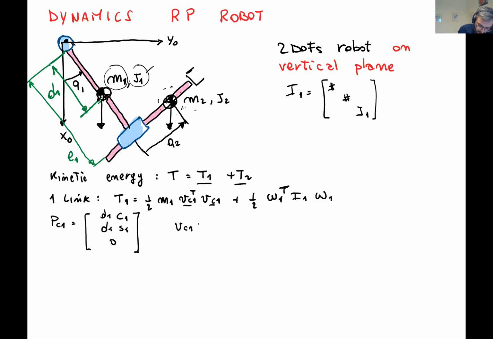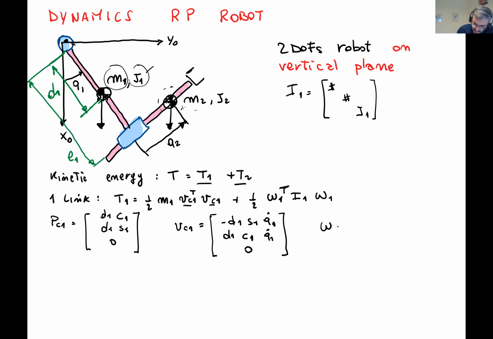And the linear velocity of the center of mass of link 1 is just the time derivative of PC1. We have d1 s1 times q1 dot, and then the derivative of the sine, which is cosine, times again q1 dot, and we have 0 here.